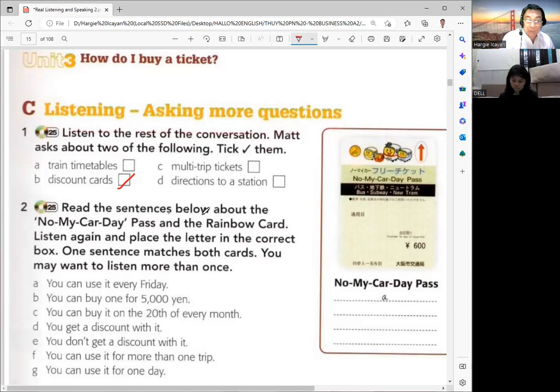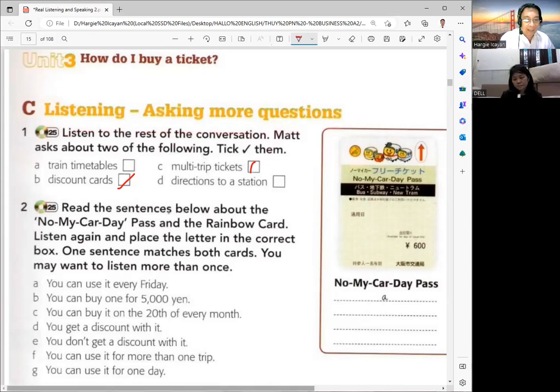There are two pieces of information that Matt asked for. Definitely the first one is the discount cards, and then what else? Multi-trip tickets. Yes, so he asked for multi-trip tickets. Those are the two additional pieces of information that Matt wanted to understand.